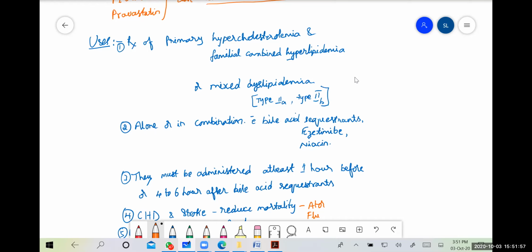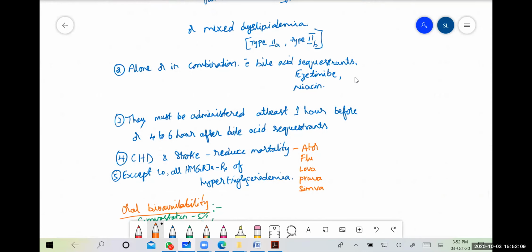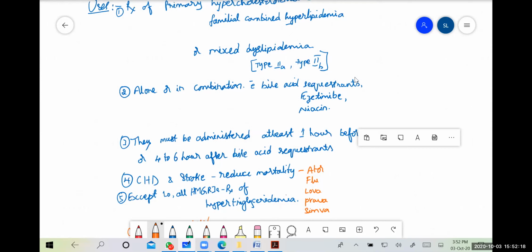Then the second therapeutic use, you can say, they can be used alone or in combination with bile acid sequestrants or ezetimibe or niacin. They must be administered at least 1 hour before or 4 to 6 hours after bile acid sequestrants. So we said that they can be given alone or in combination.